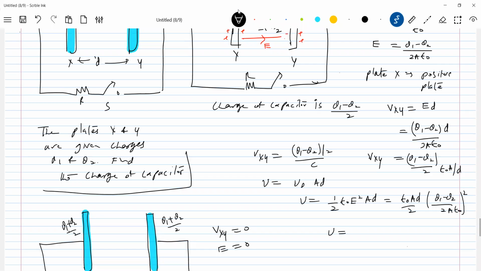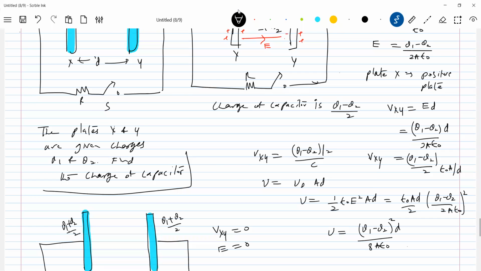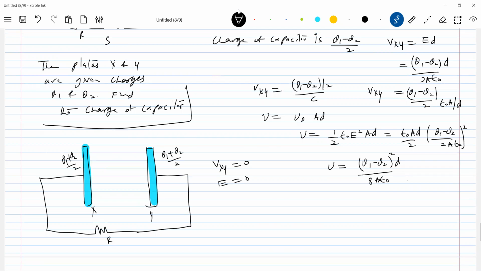What was the energy now? It should be equal to Q1 minus Q2 whole square by 8 A epsilon naught D. Okay, this much is the energy in the circuit here. Now after closing the switch, I'm asking what is the heat generated?